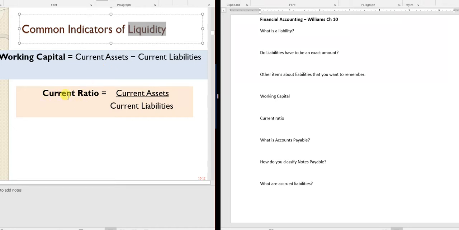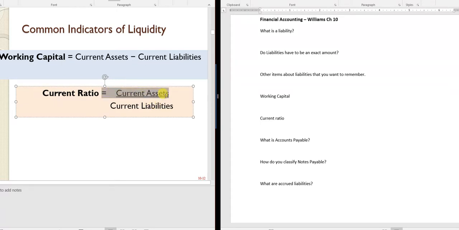Another ratio that is common is the current ratio, current assets divided by current liabilities. We all know math, and we all know that if the numerator is more than the denominator, it's greater than 1. So we want to have more current assets than current liabilities. Think about this. Current assets are things that are going to be turned into cash or used up in a year, and current liabilities are things that are due within a year.